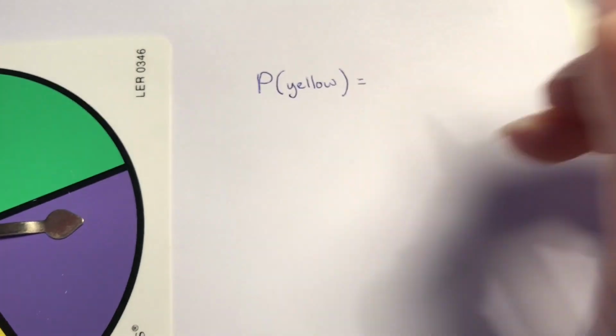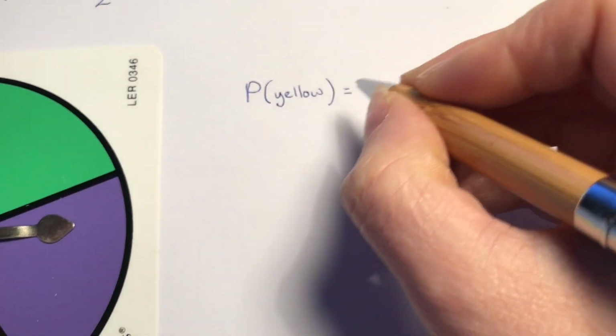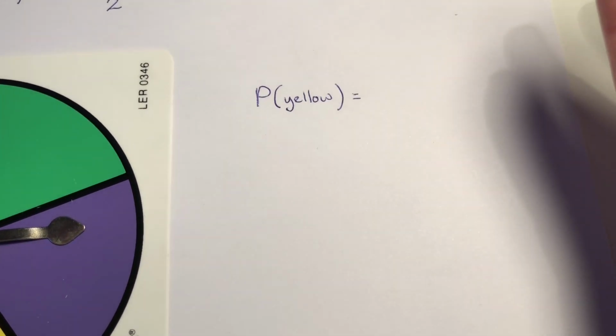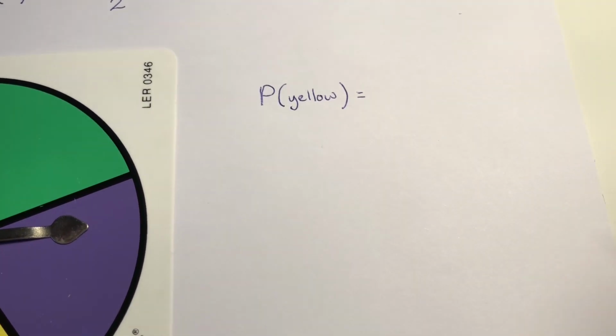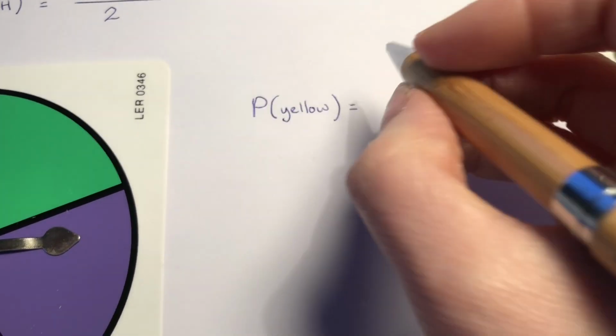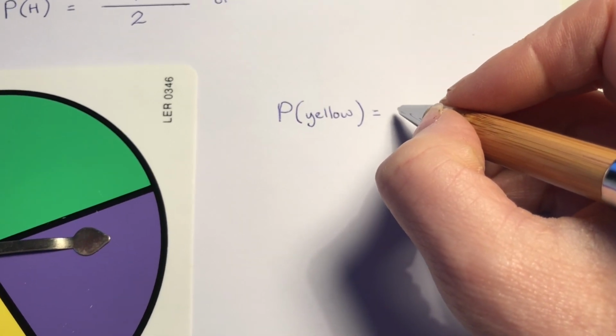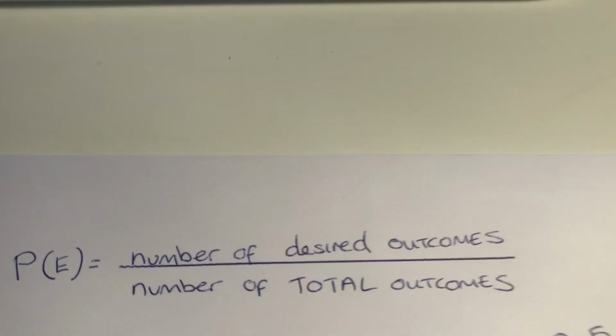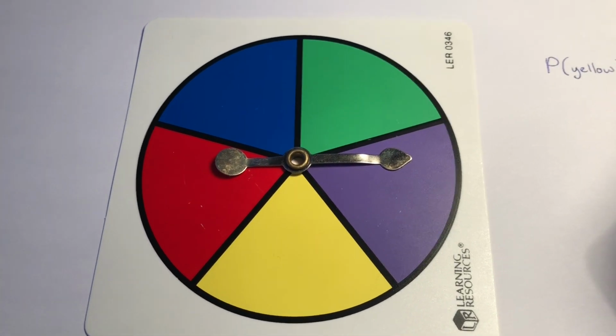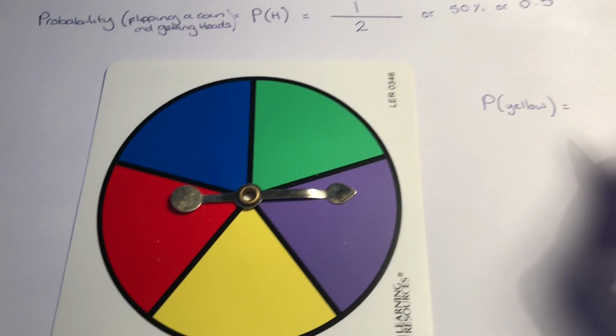Now, we know that probability is a fraction to start with. We can change it to a decimal afterwards or a percentage if we wanted to. But we're going to start off with the fraction. So the top number, if you remember, is the number of desired outcomes. So on my spinner, how many are yellow?